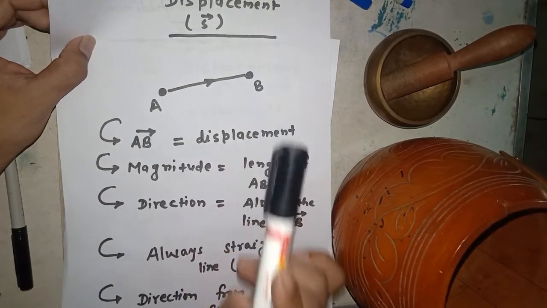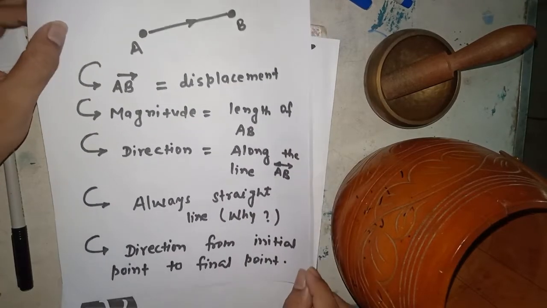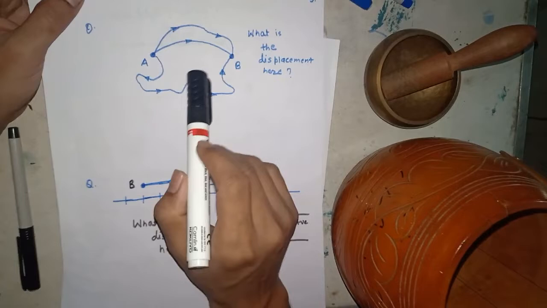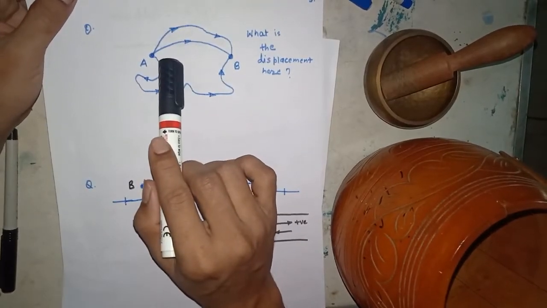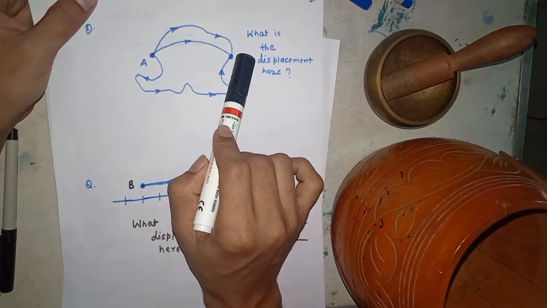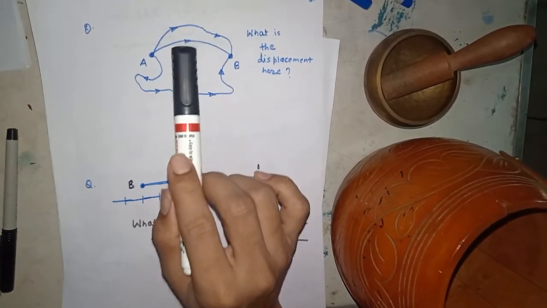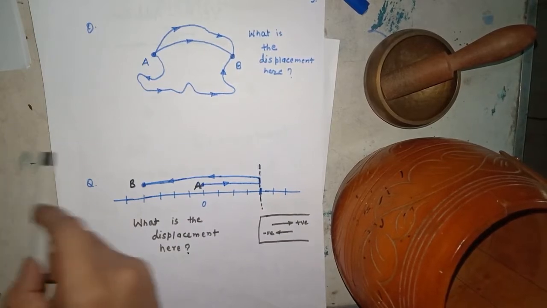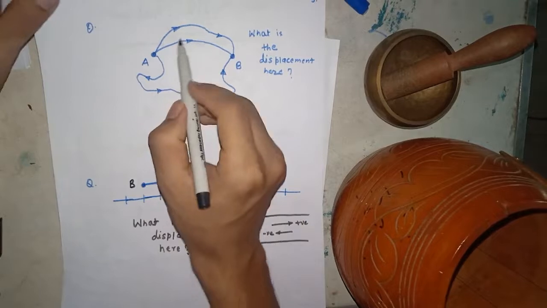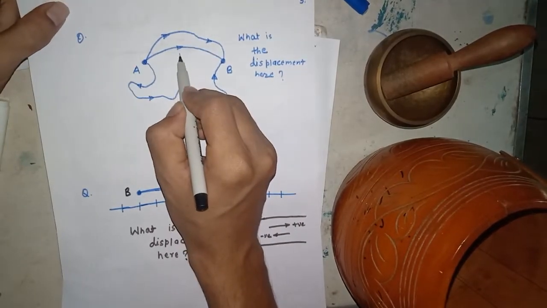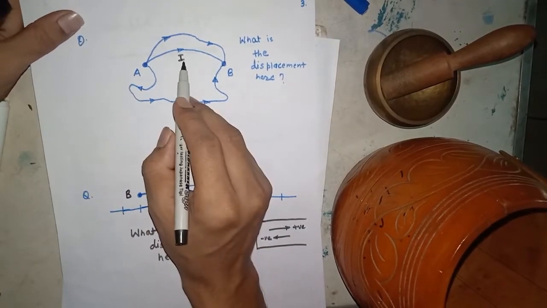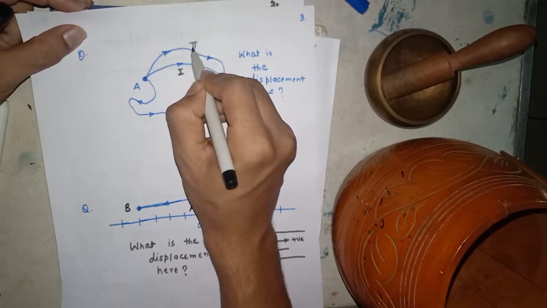So if I am giving you various ways of moving from A to B, what will be your answer for the displacement? Can this path 1 be the displacement from A to B? Or can this path be the displacement from A to B?